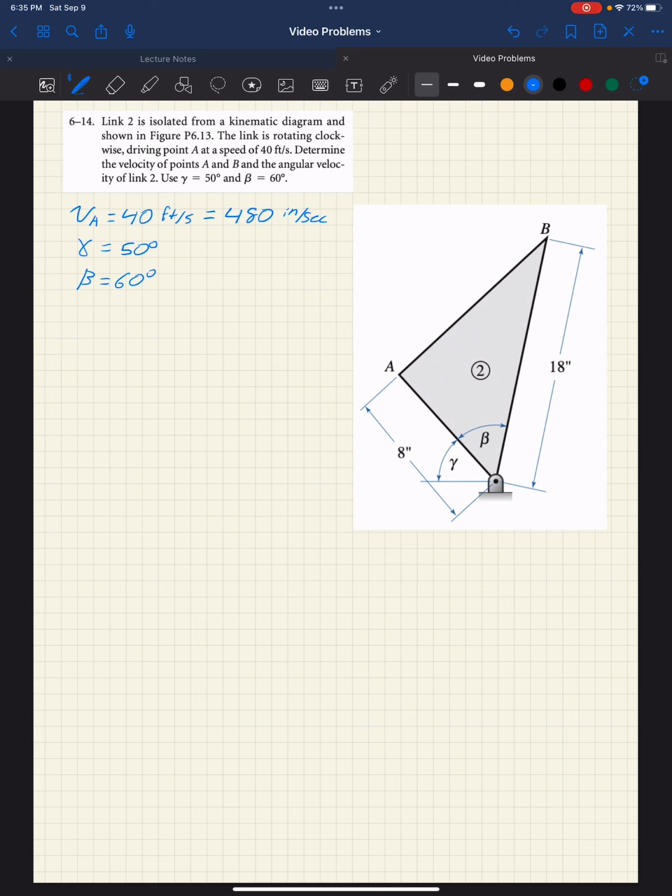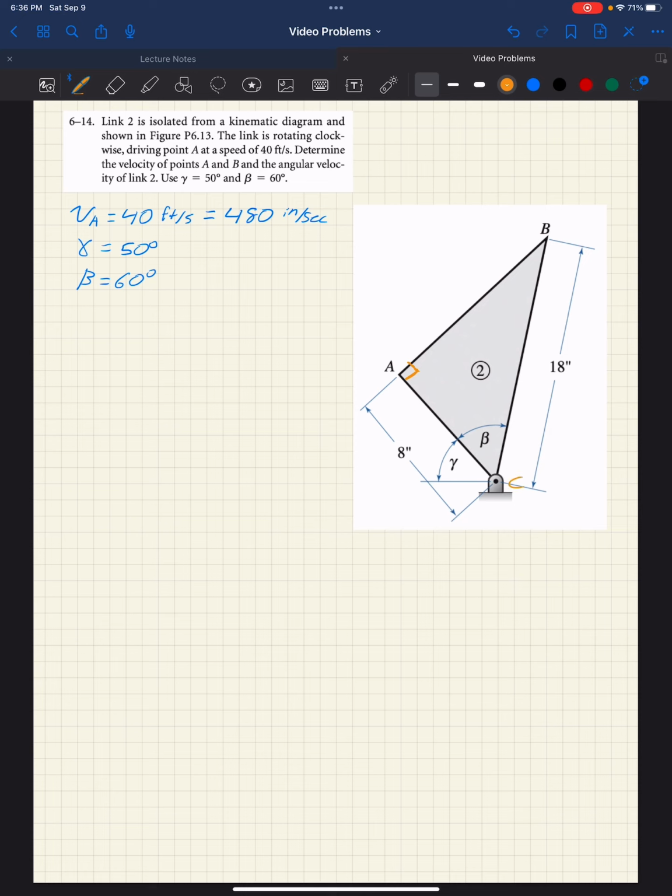Okay, let's do a little bit of a free body diagram overlaid on our image here. First let's draw VA in its general direction. We know VA is going to be 90 degrees off of the link that connects it to the point of angular velocity.